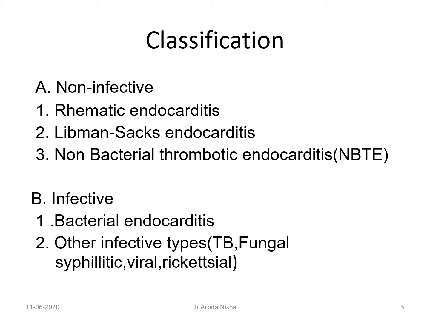The non-infective causes are rheumatic endocarditis, Libman-Sacks endocarditis, and non-bacterial thrombotic endocarditis or NBTE. And in infective endocarditis, the most important cause is bacterial endocarditis, which we will talk about today. There are other infective types of endocarditis due to tuberculosis, fungal, syphilitic, viral and rickettsial organisms.